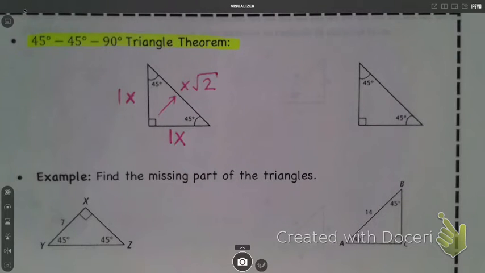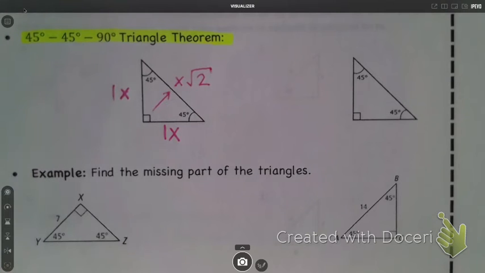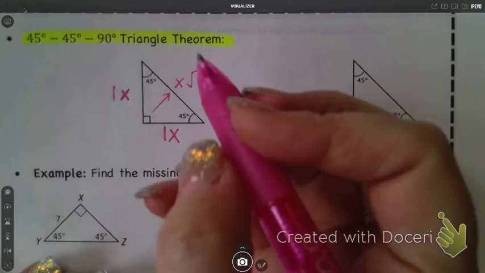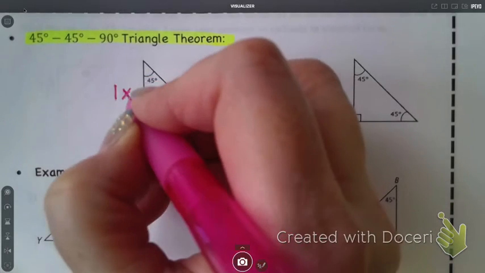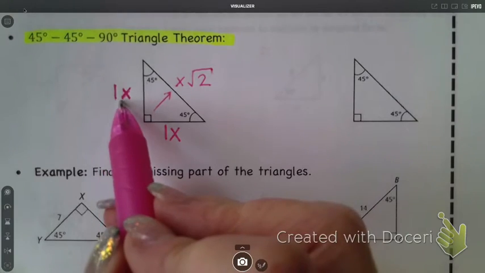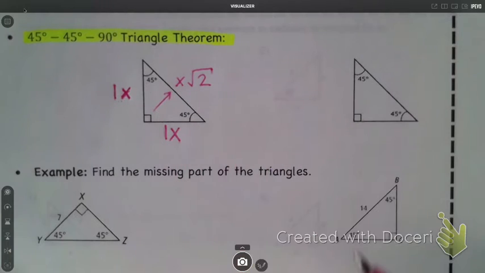But you also see that it's not x across from 45 and 45, is it? Nope. I will show you how I get that in a minute after I do the 30, 60, 90. There are 2 different ratios you can look at, but they're actually the same. So what we're going to use are these ratios right here: x, and x square root of 2. Got it? Everyone got it?